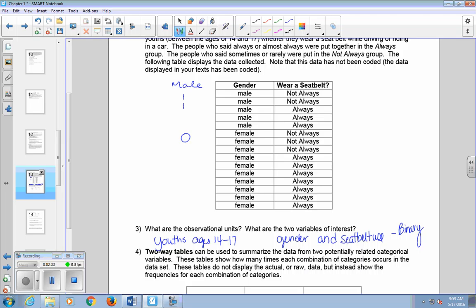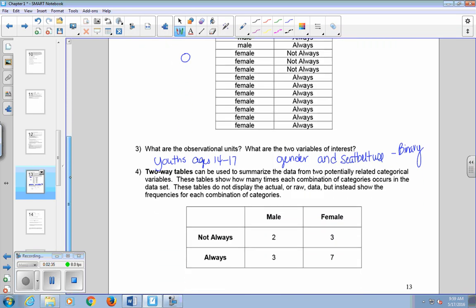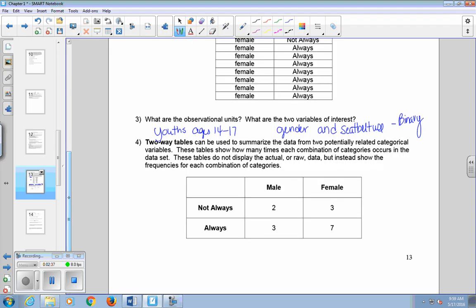So one way we have to organize our data is in a two-way table. Two-way tables can be used to summarize the data from two potentially related categorical variables. And so it's for two variables, and that's where the two-way part of two-way tables comes from. These tables show how many times each combination of categories occurs in the data set.